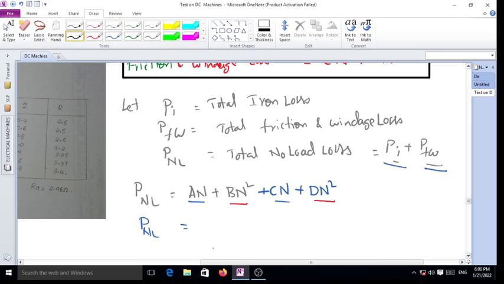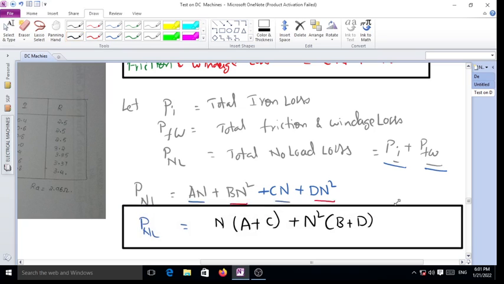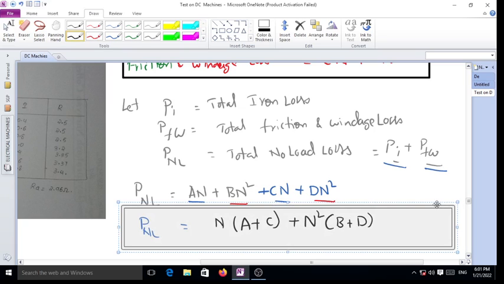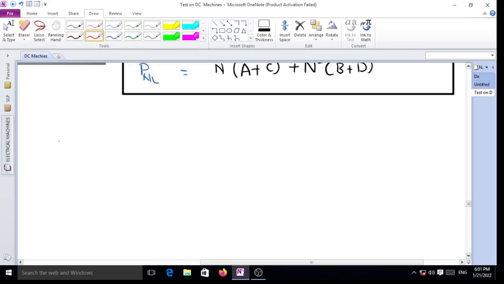So now we can write it as n of (A plus C) plus n squared of (B plus D). Just writing the equations. Now to separate these losses, we have to find the constant values.